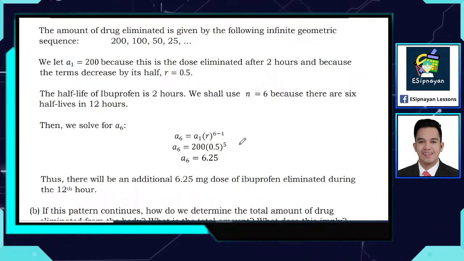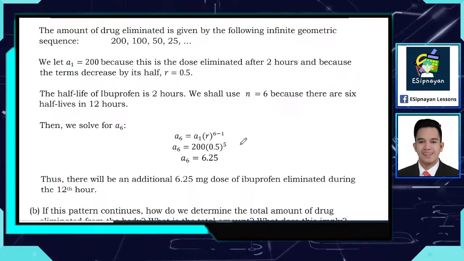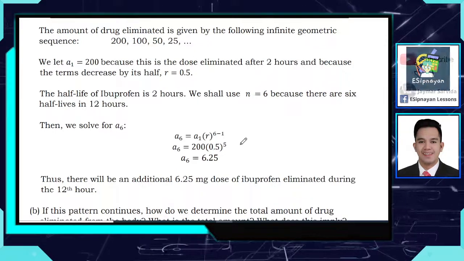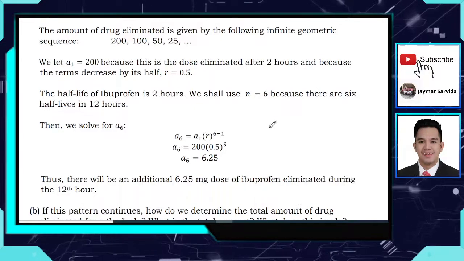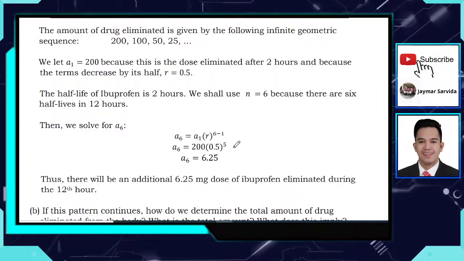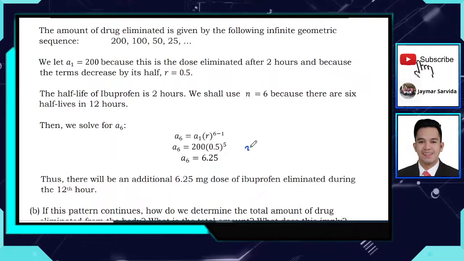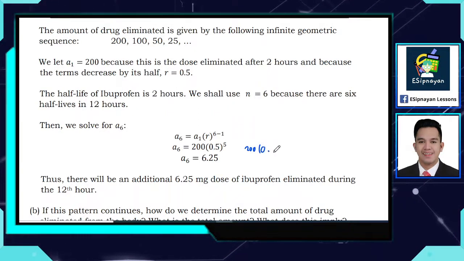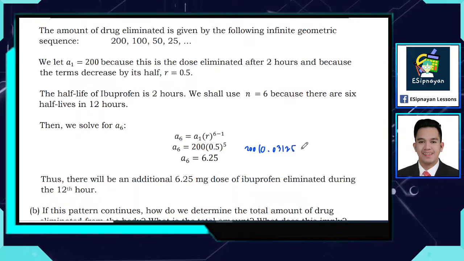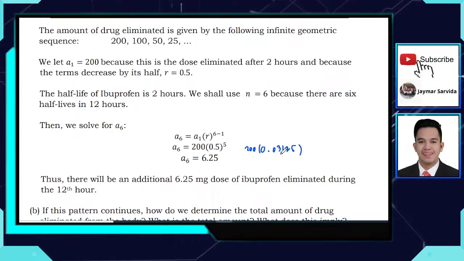Okay, so itong 0.5 raised to 5, ito ay magiging ganito siya. 200 times 0.03125. Then, i-multiply mo yan. The result is 6.25. Okay?